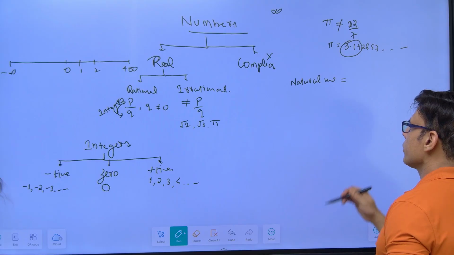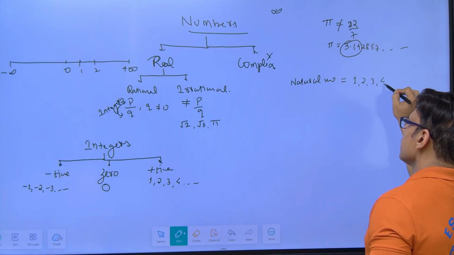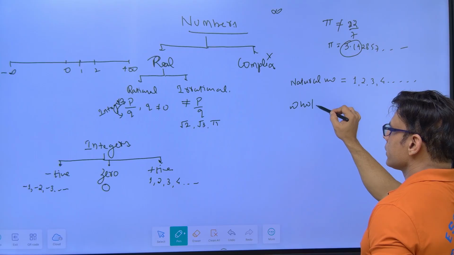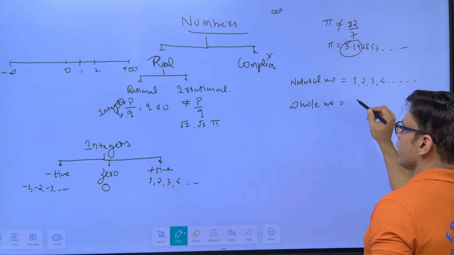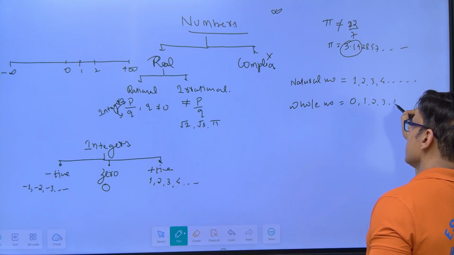So natural numbers are those numbers which start with 1: 1, 2, 3, 4, and so on. Then we also have whole numbers. Whole numbers start with 0, 1, 2, 3, 4, and so on.